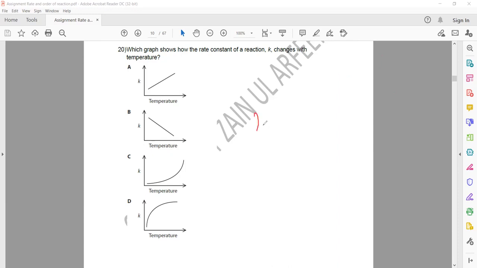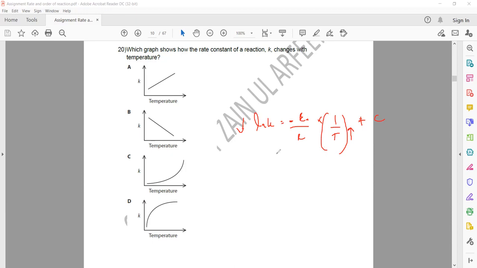So you have this equation: ln k is equal to minus EA over R into 1 over T, plus the constant C. What it shows is that if we increase the value of 1 over T, the value of ln k will decrease.